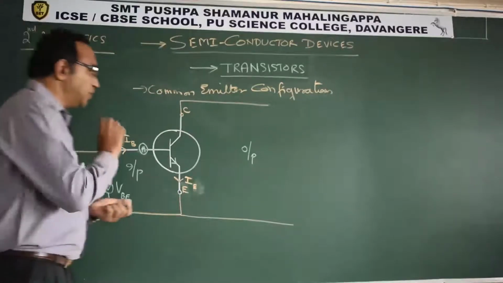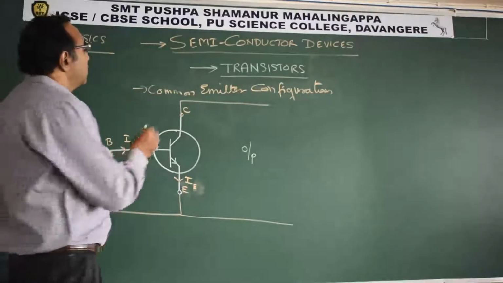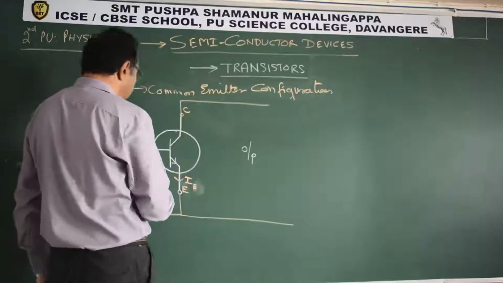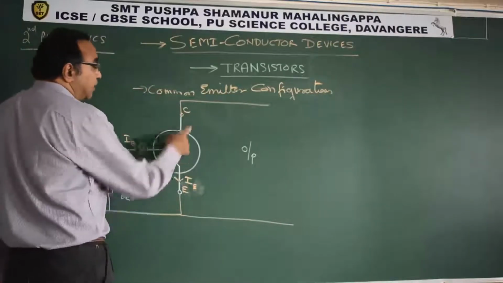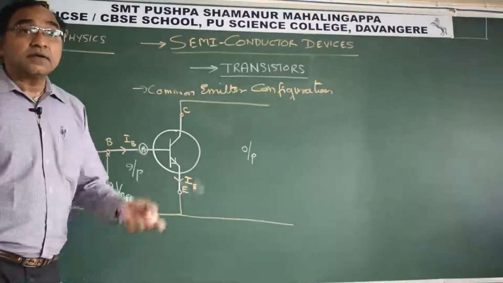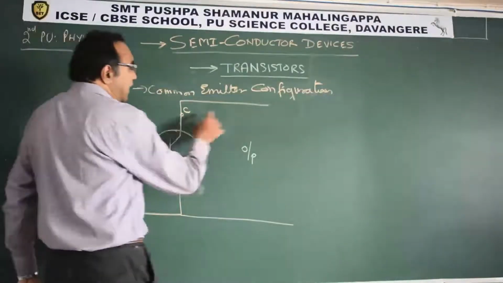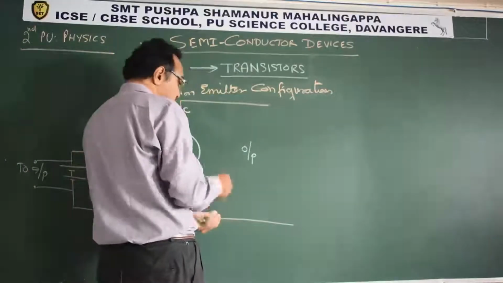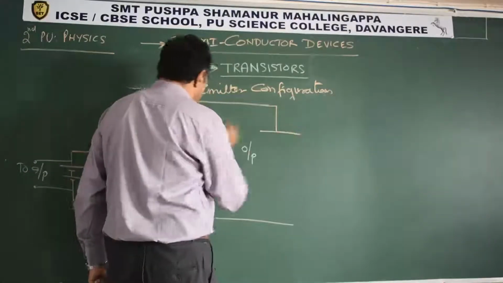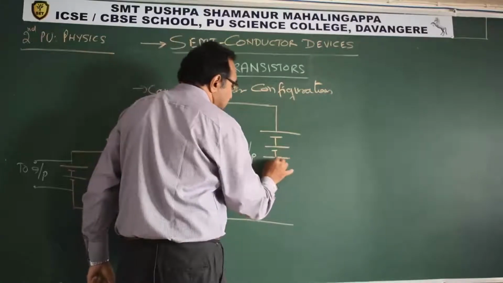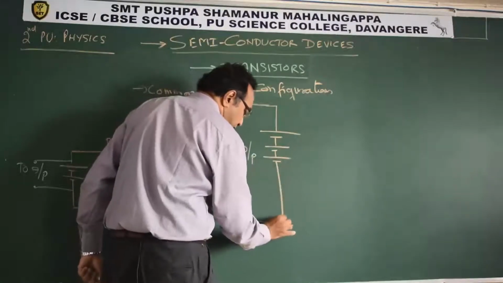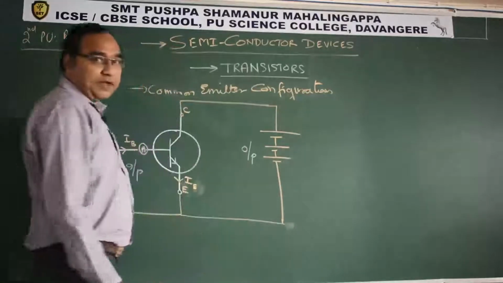Okay. Now come to the output side. Here what we will get? This is N, this is P, this is N. Collector is always connected in reverse bias. This is N. So how will you connect? Reverse bias. N will be connected to positive. See, it is reverse bias.